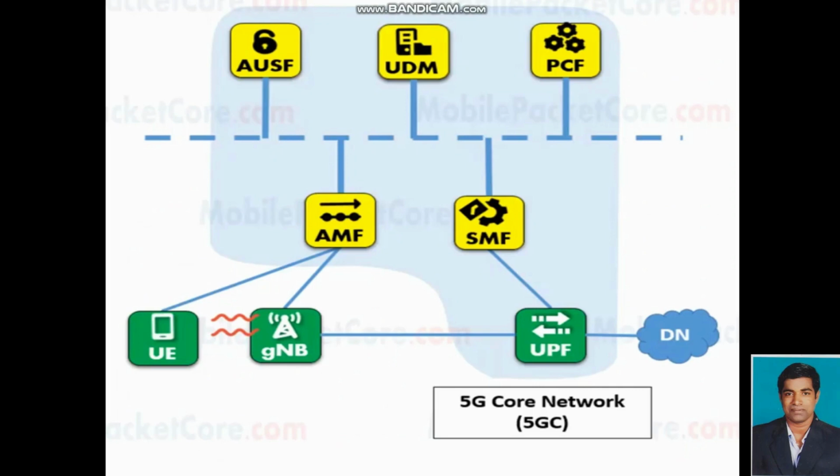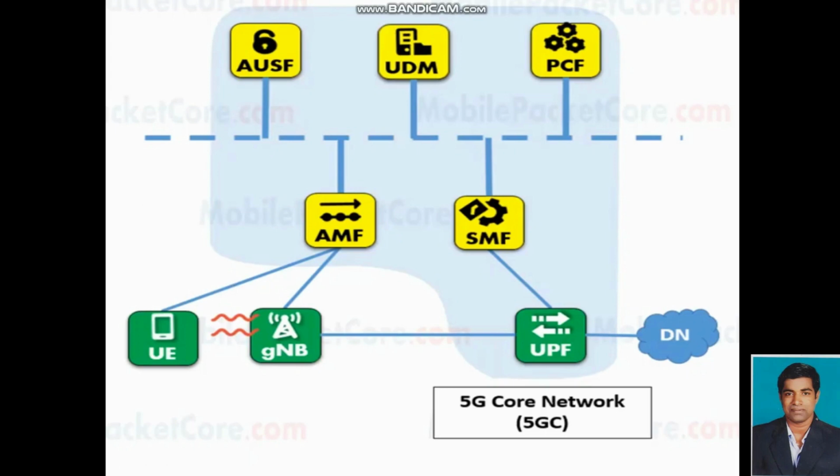Once the iSIM mobile devices are considered as user equipment, they do the registration process and authentication process with the AMF, that means Access and Mobility Function unit. In the previous 4G network, we had the MME, Mobility Management Entity.